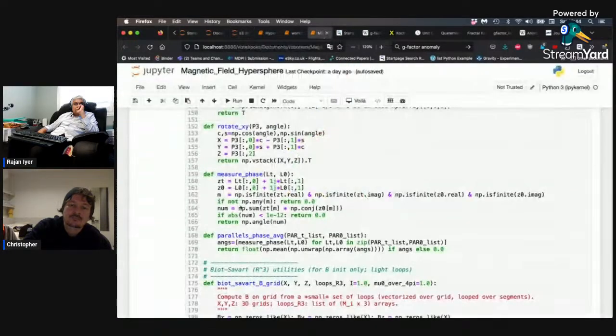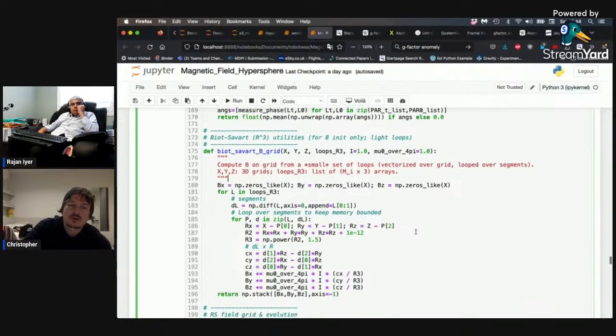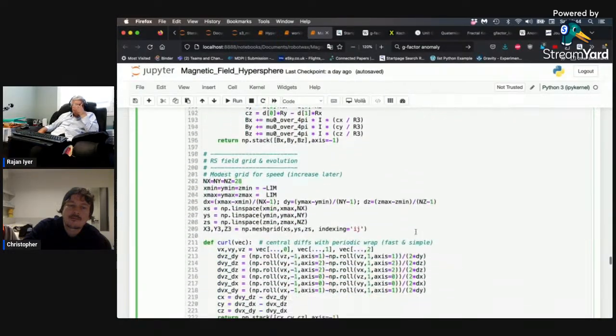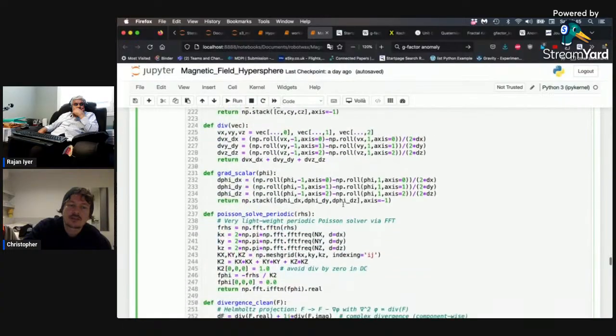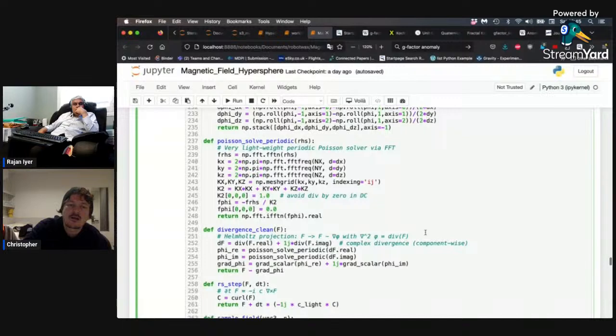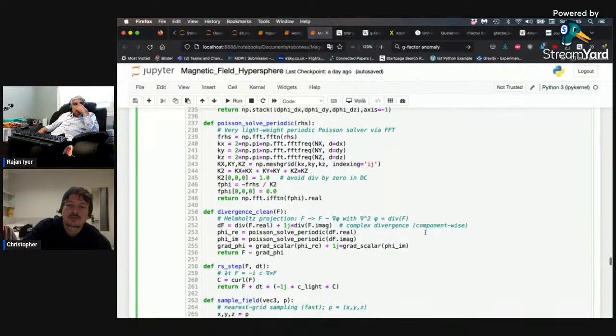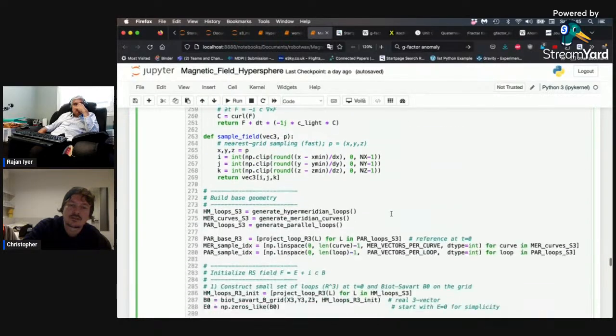So it's using this Biot-Savart equation, and this is more of the dynamics that you have with standard electromagnetic field theory from things like Maxwell's equations, and we've got the Helmholtz thing with the decoupling.